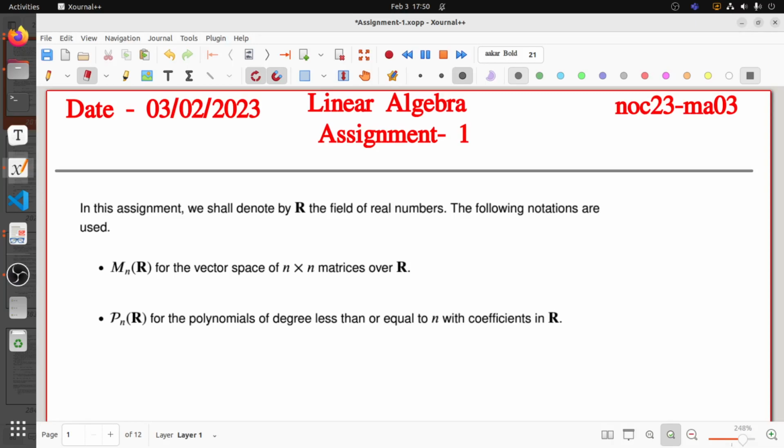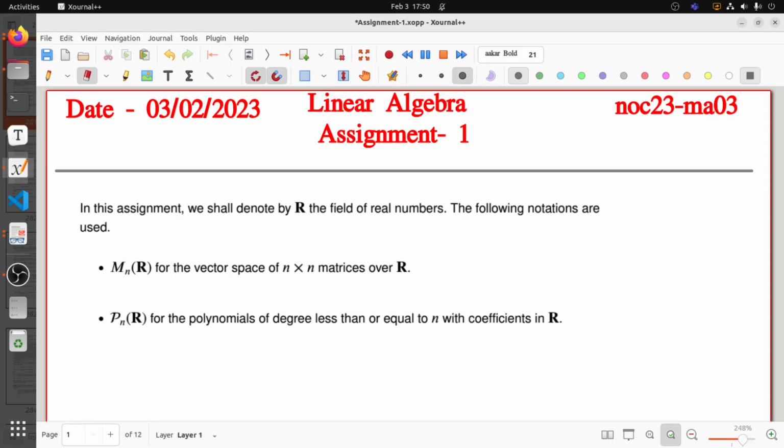Because subspace means the scalar multiplication property holds. So all the AK UK are also in A, right?